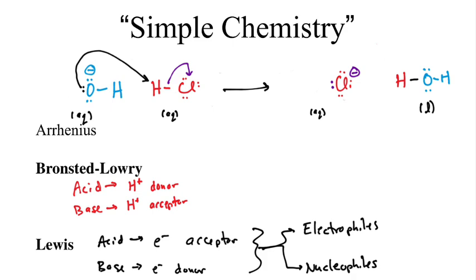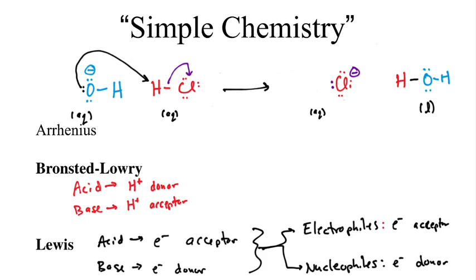An electrophile, just like a Lewis acid, will accept electrons. Okay? So it is an electron acceptor. And a nucleophile, just like a Lewis base, is an electron donor. I'm using the exact same definition for both.